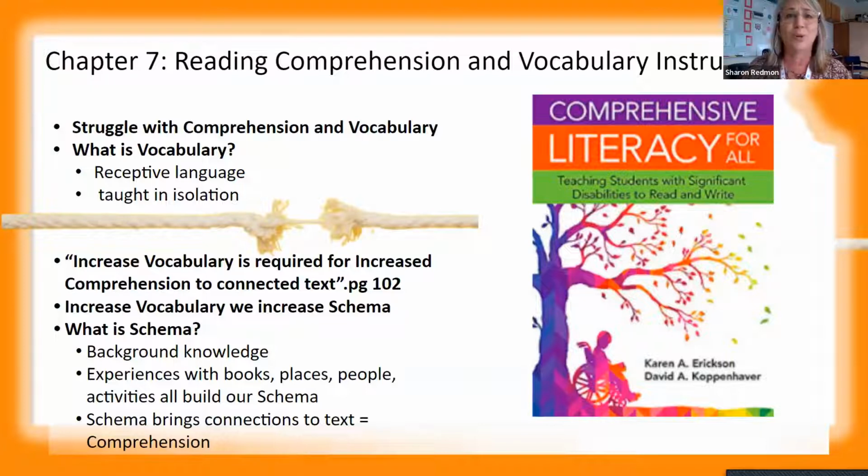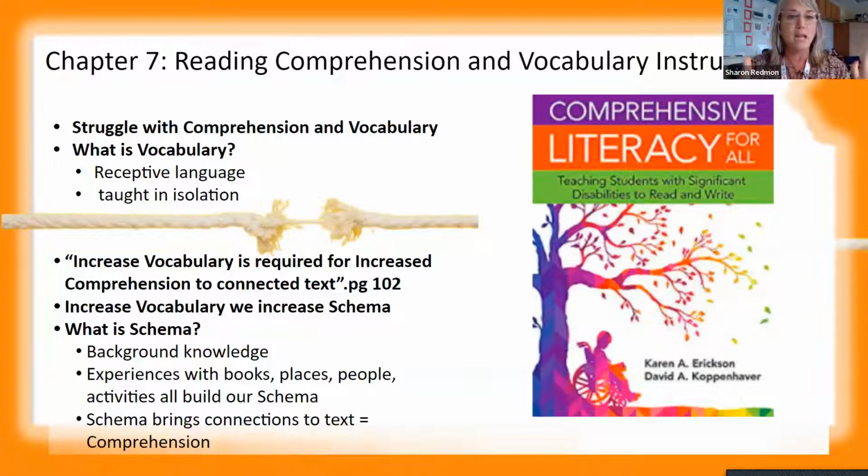There are also Facebook groups on comprehensive literacy for all. I love that I'm in a Facebook group that Kate Ahern started, comprehensive literacy for all and the science of reading, with really nice, rich discussions on how the science of reading is incorporated into comprehensive literacy for all.